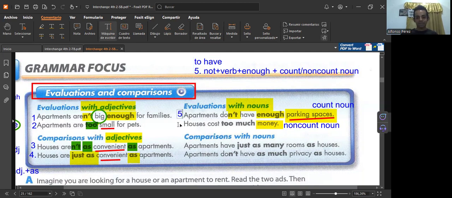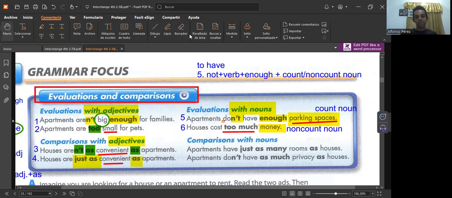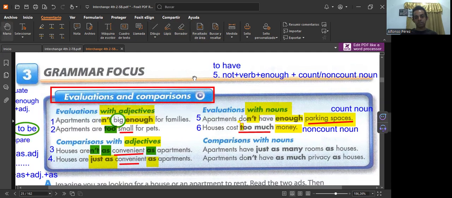For number 6, we say houses cost too much money. So we have the verb cost, and then we have here too much money. So too much money is the structure I'm using for my evaluation here, evaluating something. Too much works with a non-count noun, too much money.